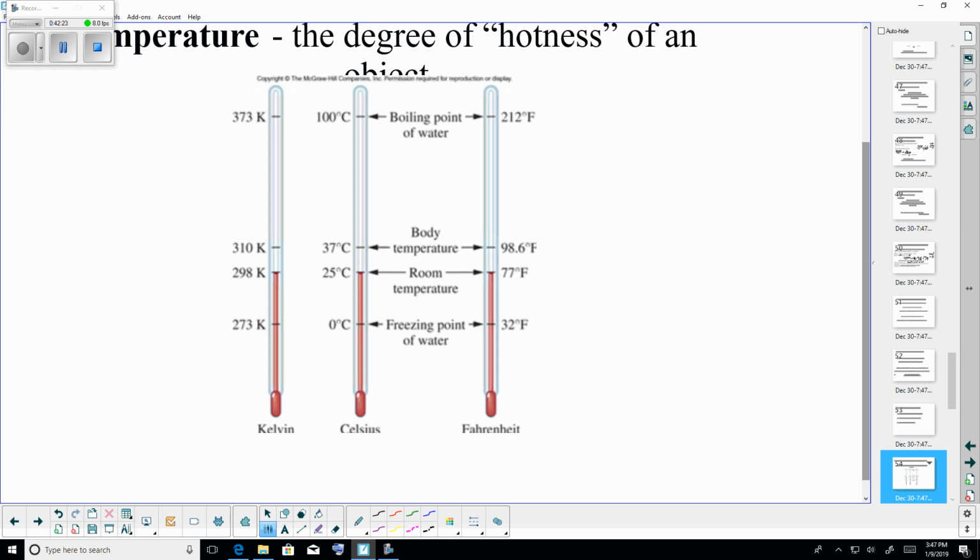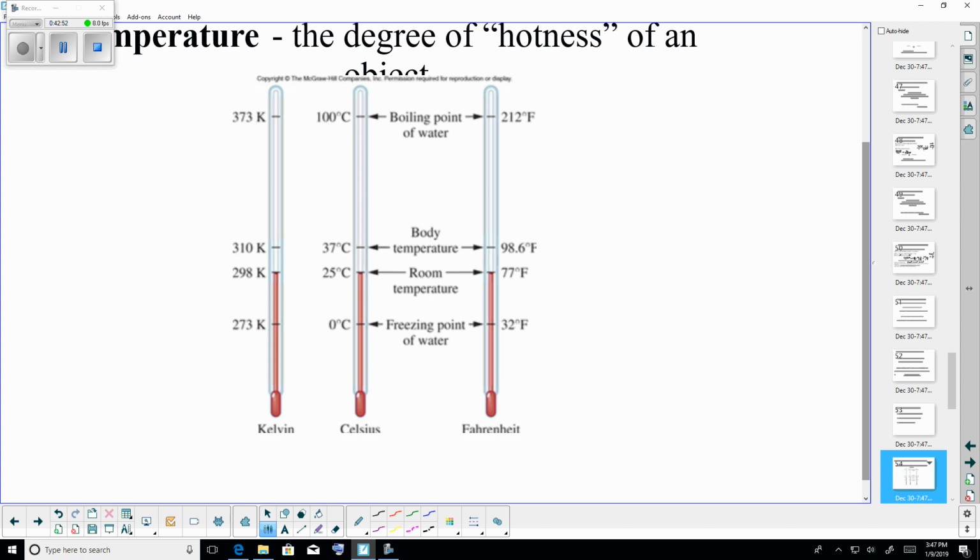Comparing some things: body temperature, 98.6 Fahrenheit, 37 degrees C, and 310 Kelvin. Freezing point of water, 32 degrees Fahrenheit, 0 degrees Celsius, 273 K. Absolute zero is 0 Kelvin, which is minus 273 degrees Celsius.